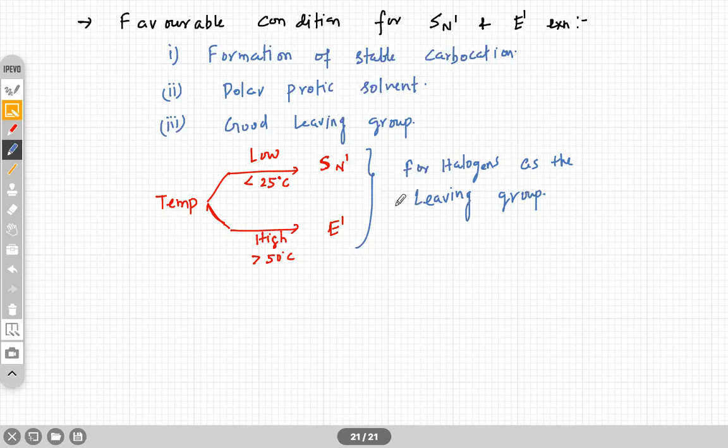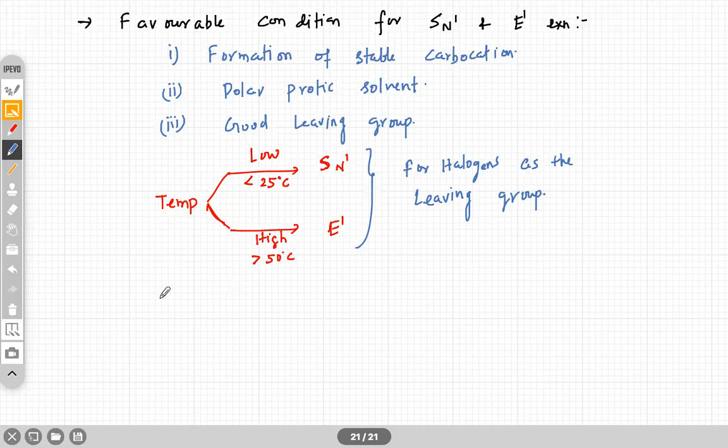If the leaving group is different, then the temperature may be different from this too, but higher temperature will be E1, lower will be SN1. That is always true, right? So mostly, we'll have this temperature mentioned for halogens only in our syllabus. That's why we have this value here. But if the leaving group is changed, the temperature will also change depending upon the leaving group.